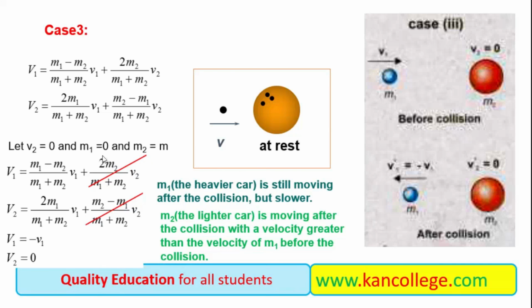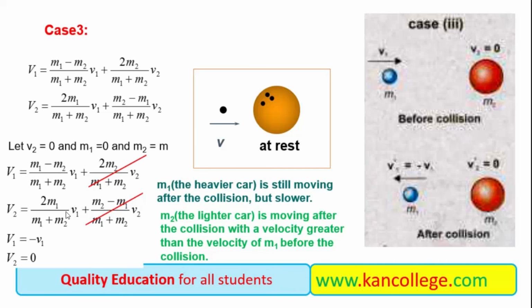As v2 is 0, the whole term becomes 0. Only the first two terms remain. Now put the value of m1 equal to 0. It means that m2 over m2 cancels, and minus v1 is the answer.